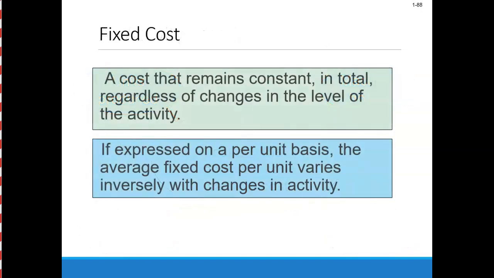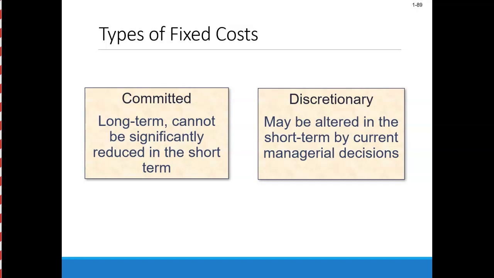A fixed cost is a cost that remains constant in total, regardless of changes in the level of activity. Kind of like insurance, wouldn't it, on a factory building? If expressed on a per unit basis, the average fixed cost per unit varies inversely with changes of activities.